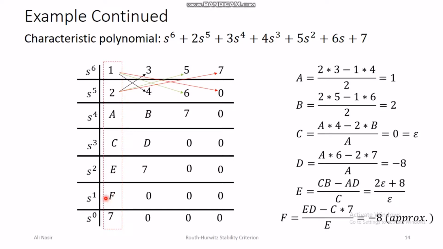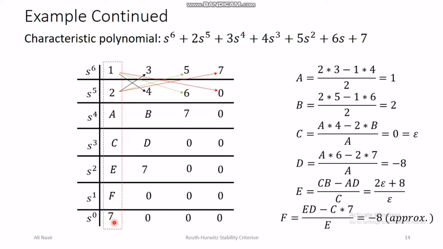And then 7 is positive again, so there is another sign change. From E to F there is a sign change from positive to negative, and from F to 7 a sign change from negative to positive. So all the coefficients are positive except for one coefficient in the middle. So there are two sign changes: one from E to F, and another from F to 7.